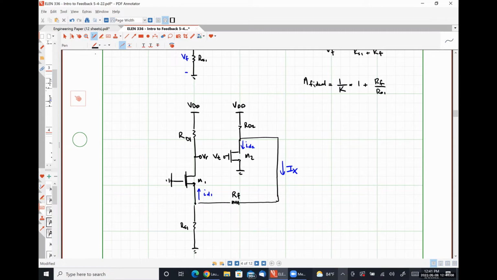For example, one of the first things that we can hopefully see is that ID2 is simply GM2 times our test voltage VT. Are we all relatively okay with that?